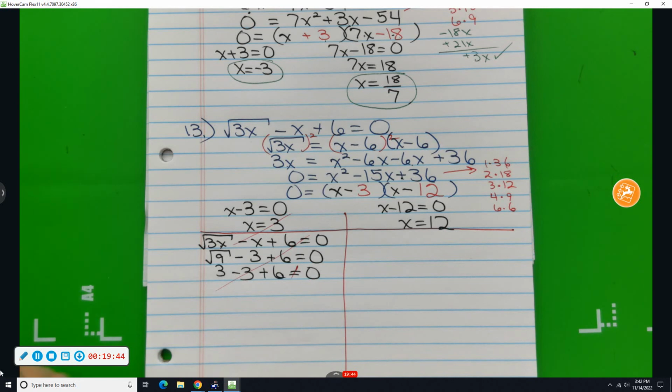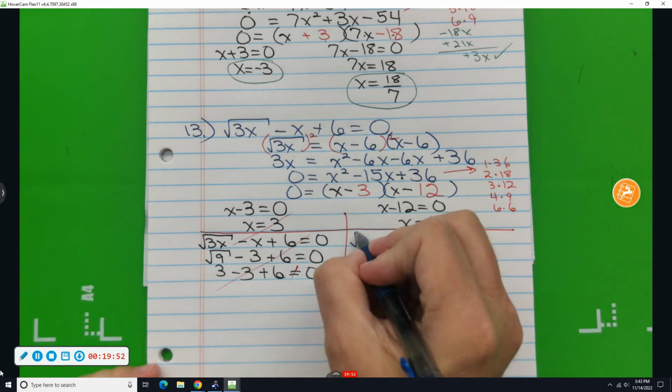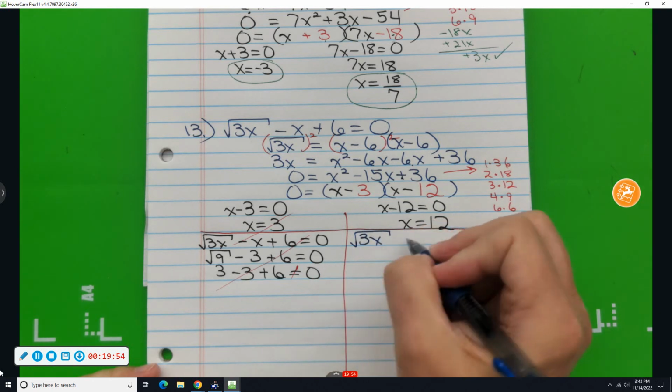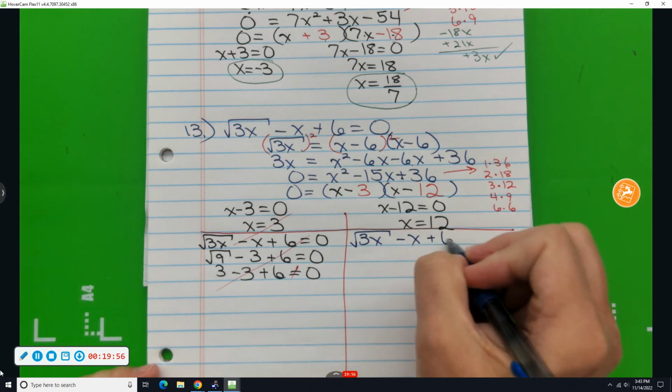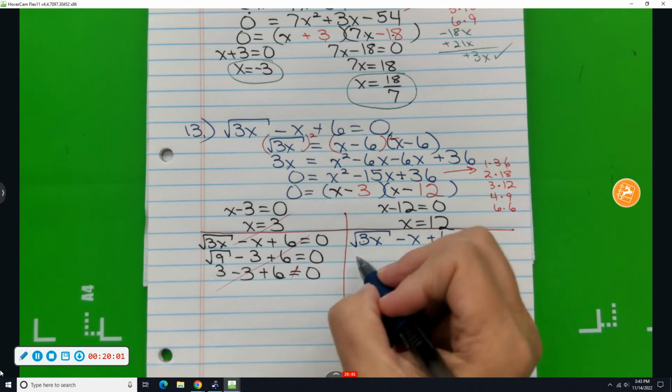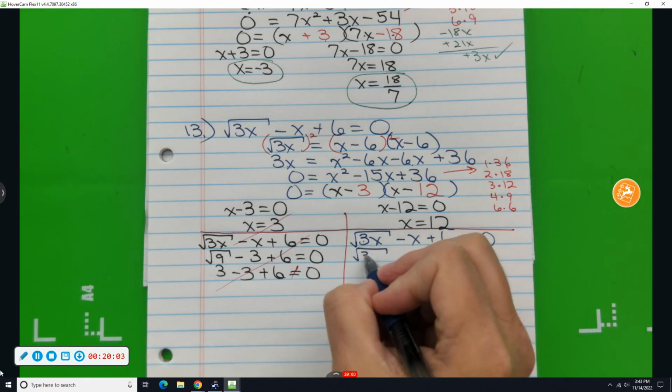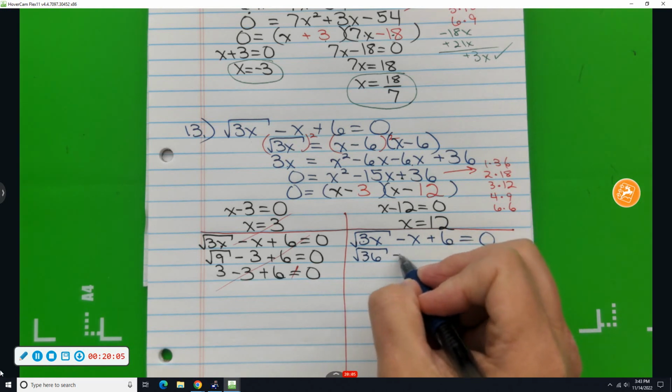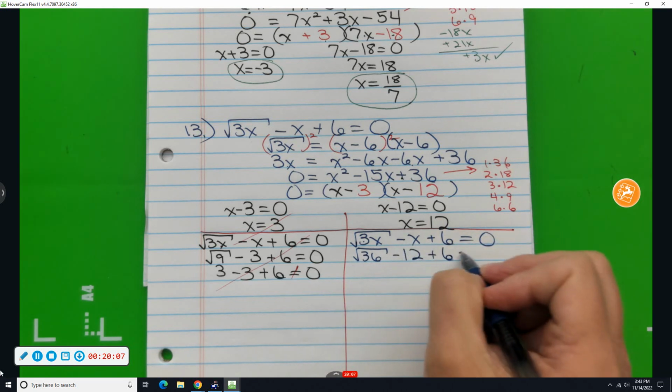If I were a gambling man, I would say that 12 has to work. But let's see. Plug in 12. The square root of 3x minus x plus 6 is equal to 0. 3 times 12 is 36, so you have the square root of 36 minus 12 plus 6.